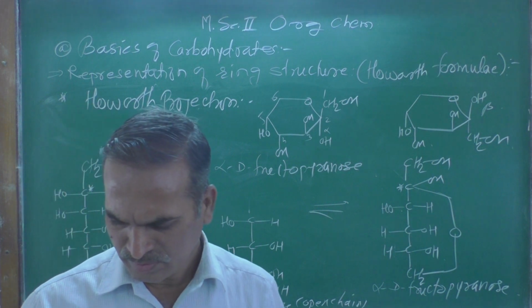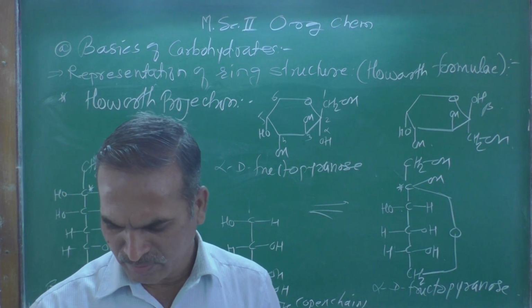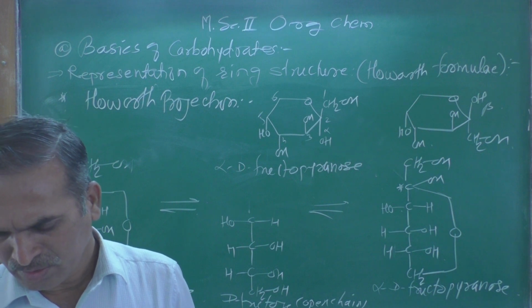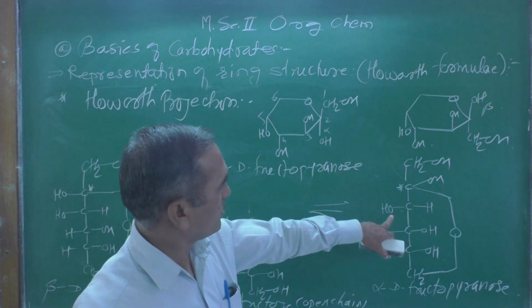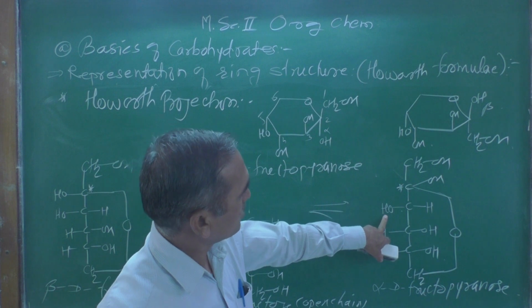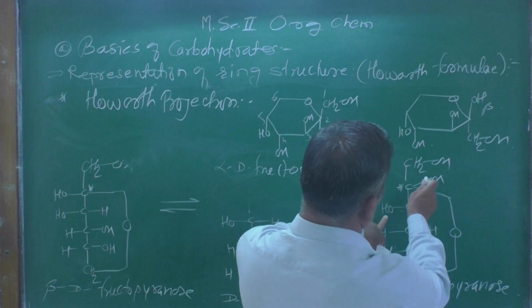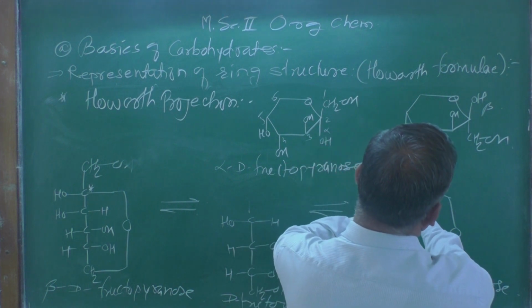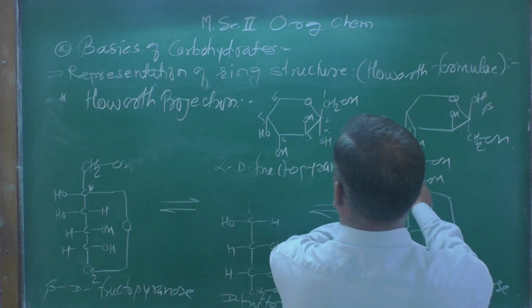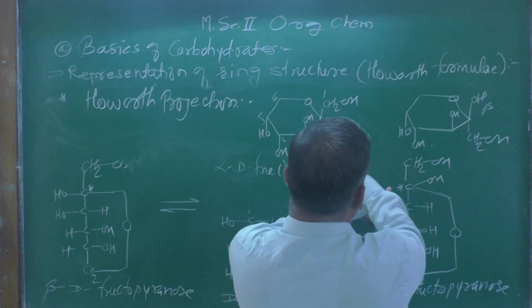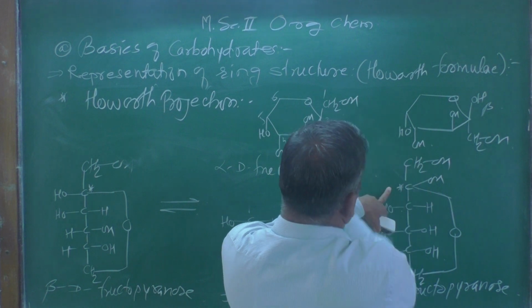So now let me clarify over here. For alpha D fructopyranose, alpha means the structure written here, CH2 and the hydroxy group present here below, and this one is above.